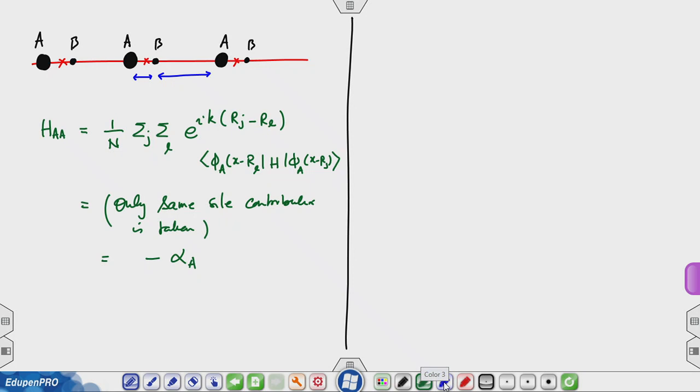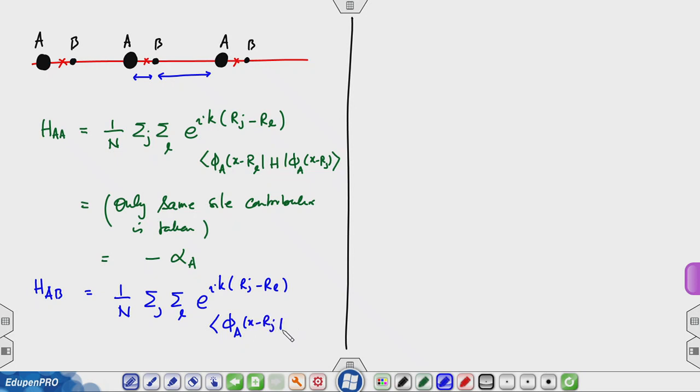Now, I am going to calculate H A B, which is going to be 1 over n, summation over j, summation over L, e raised to i k (R j minus R L), phi A (x minus R j) H phi B (x minus R L).